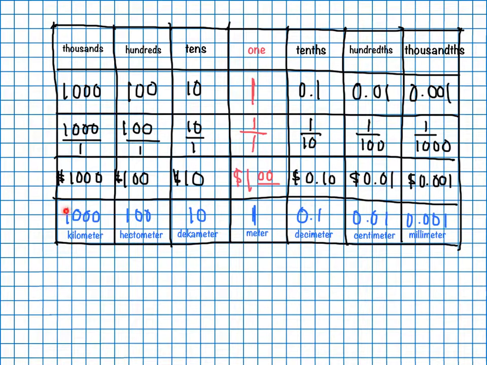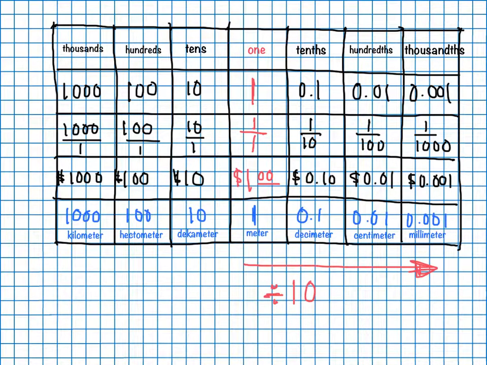But this right here, ladies and gentlemen, is your metric system. And just like as we go from here to here, when we go this way, our numbers are getting smaller and we are dividing by 10.